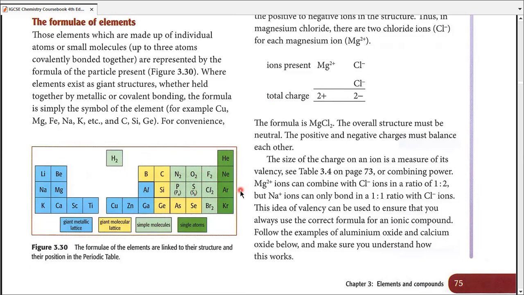The single atoms are the ones which are on the extreme right-hand side of the periodic table and are all noble gases. So the simplest portion of the periodic table of the first few elements can give you a very good idea how we can bifurcate them into 4 separate parts, just like we have studied on the mind map previously. But this is just for the formulae of elements.